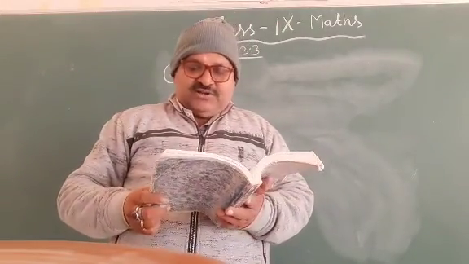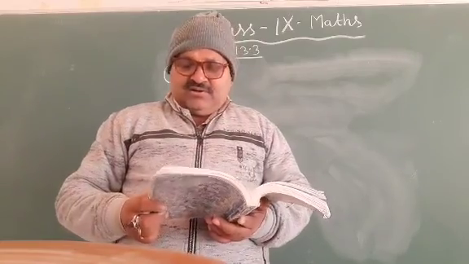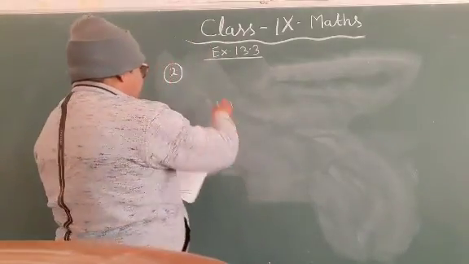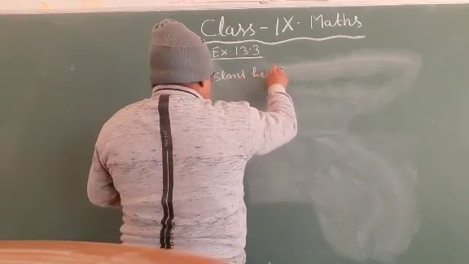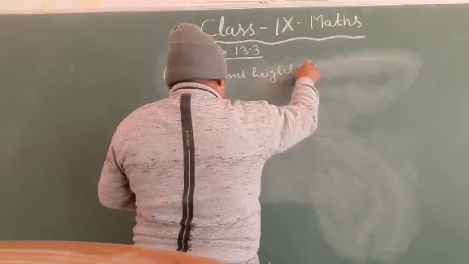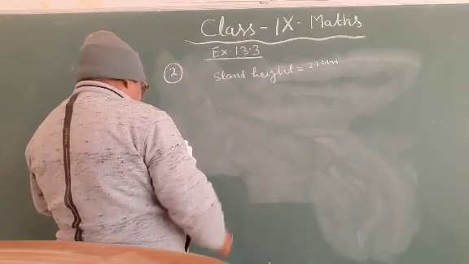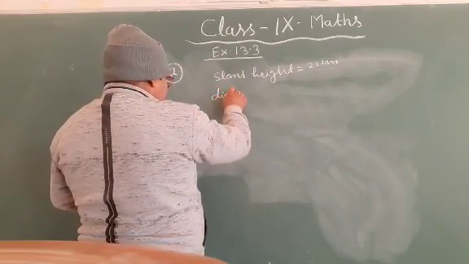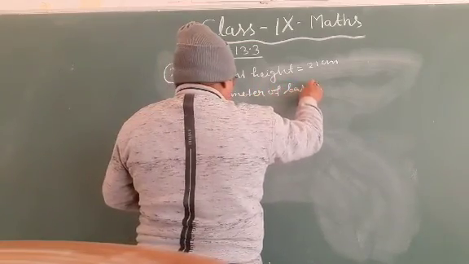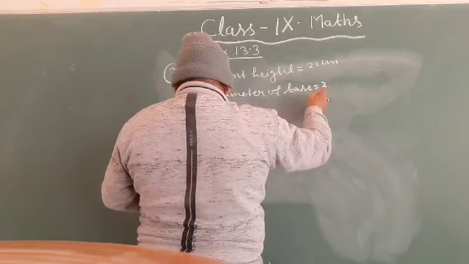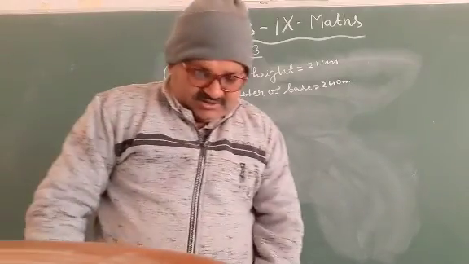Find the total surface area of cone if its slant height is 21 centimeter and the diameter of base is 24 centimeter.